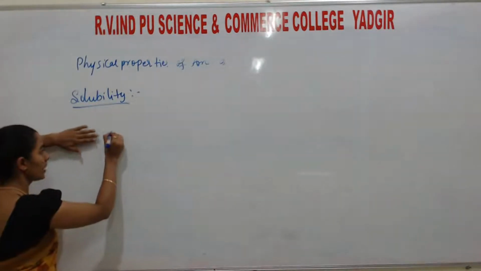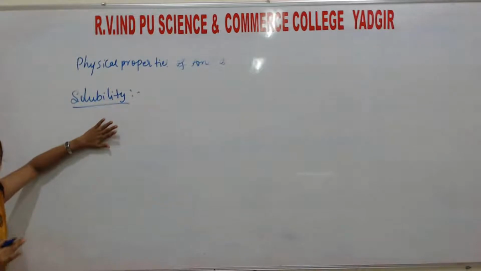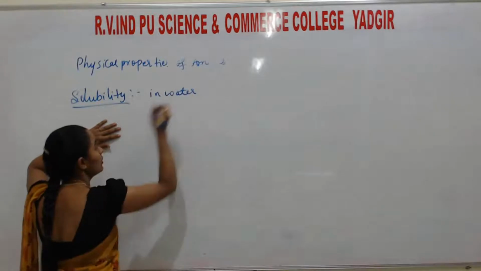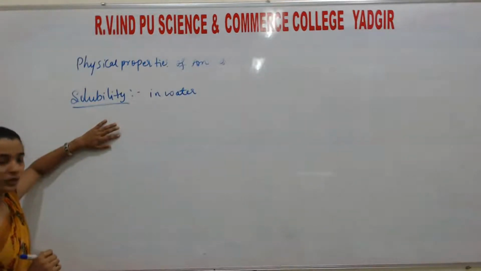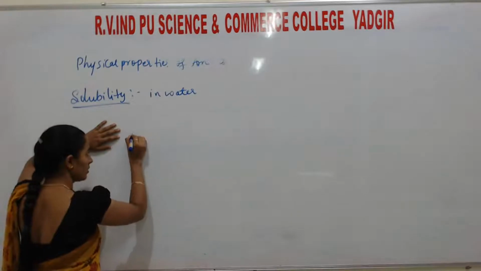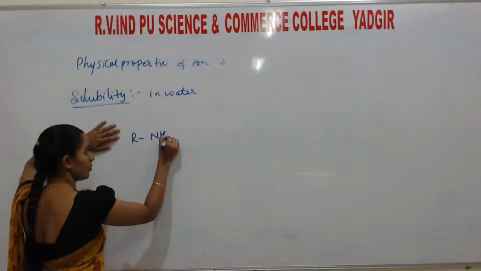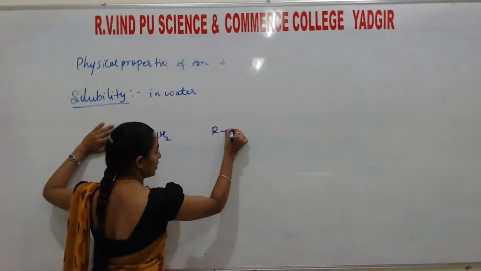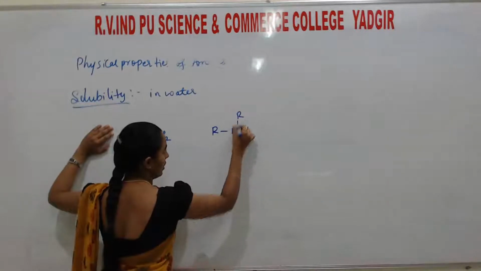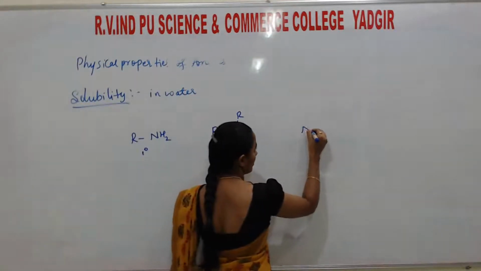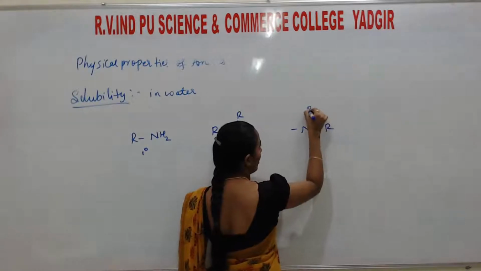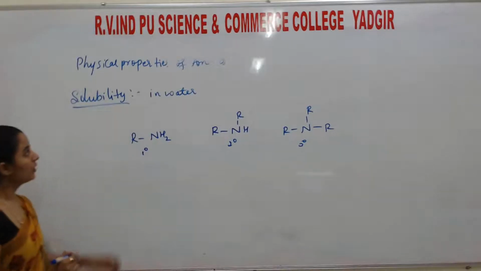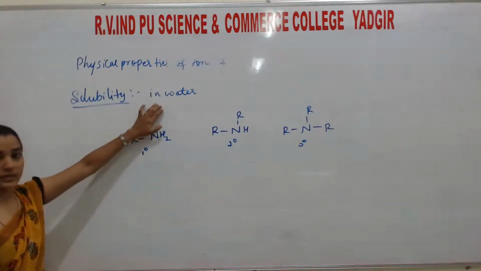Students, you know, primary amines are there, secondary amines are there, tertiary amines are there. We consider solubility in water, especially, or in a protic solvent. Primary amines are RNH2 type compounds. Secondary means R, NH, R. Tertiary means R, R and R. We want to study the solubility of these amines in water.